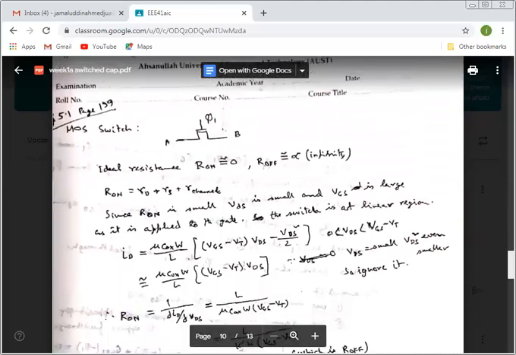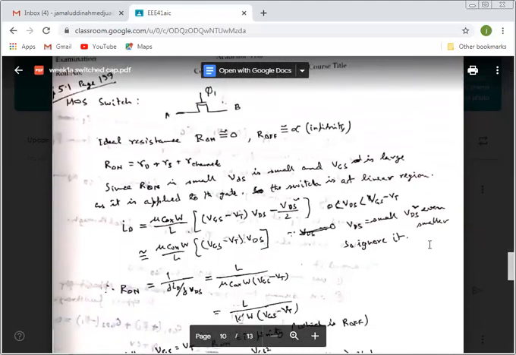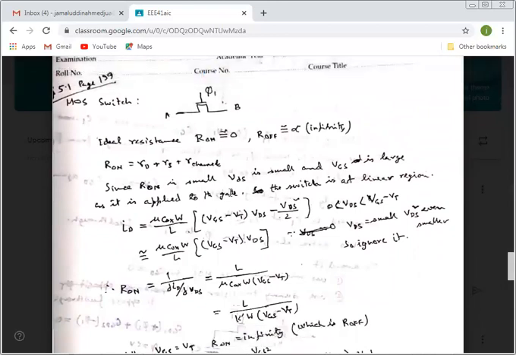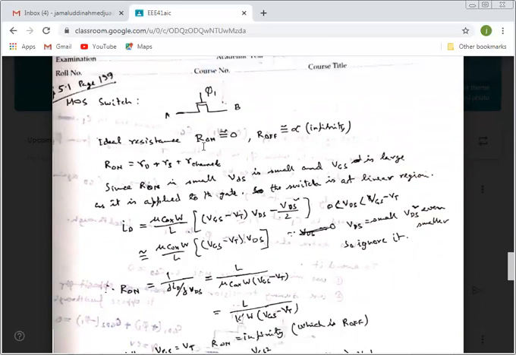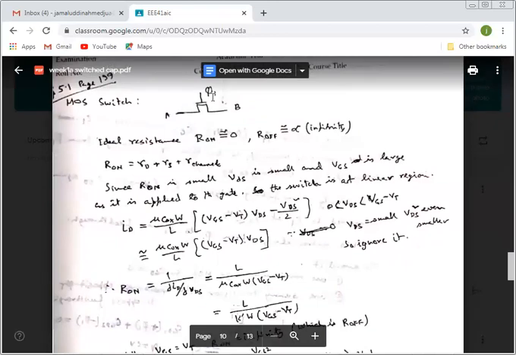Now we are going to see the characteristics of a MOSFET used as a switch. When you use a MOSFET between A and B as a switch, phi is the switching clock.